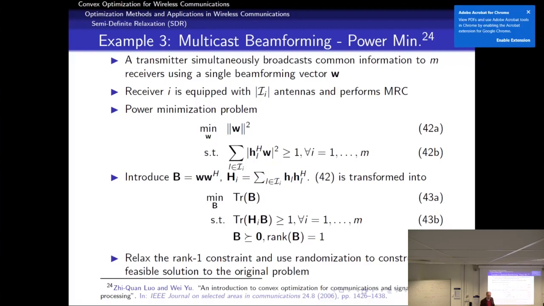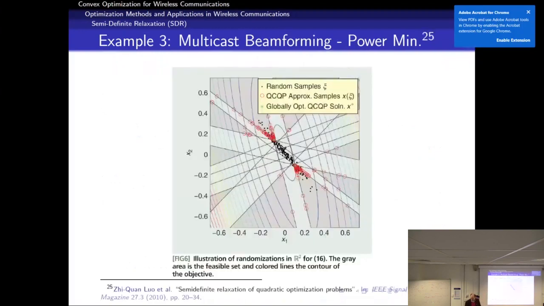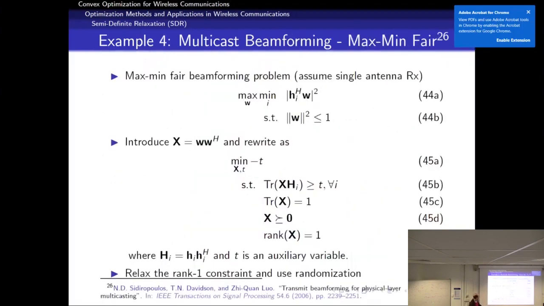Now I want to do the opposite. I want to maximize the minimum SNR among all the users subject to a constraint on the power. It's a different problem, but it's closely connected. So that's why I'm saying, now I want to maximize your minimum SNR, but subject to a power constraint.